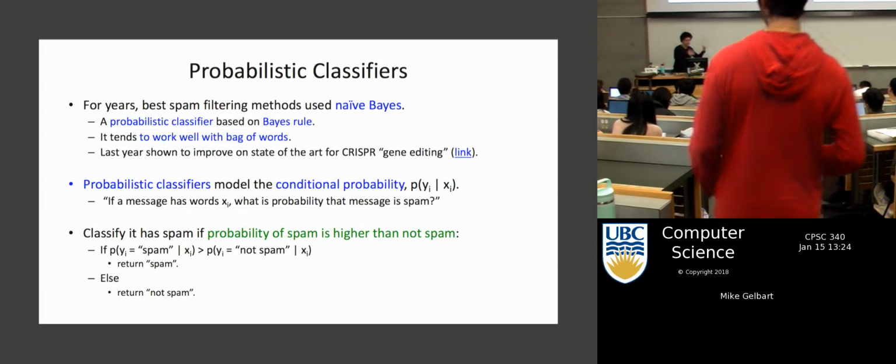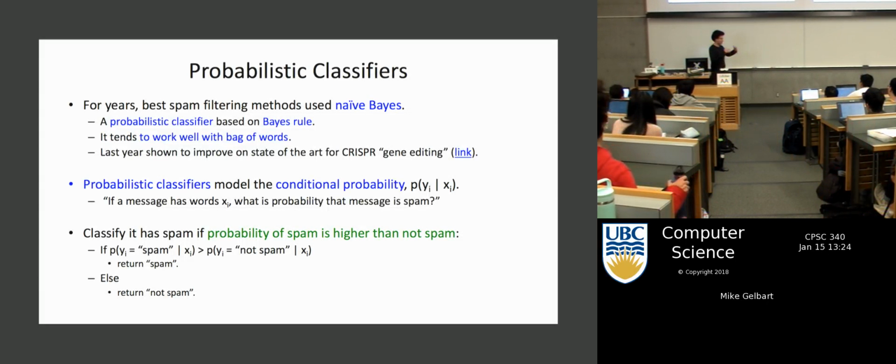It says, given that I have this x, what do I think the probability of spam is? And that's different from what we were doing with, say, decision trees or KNN. In that case, we just had a procedure for picking the best one, but we didn't try to model probabilities.